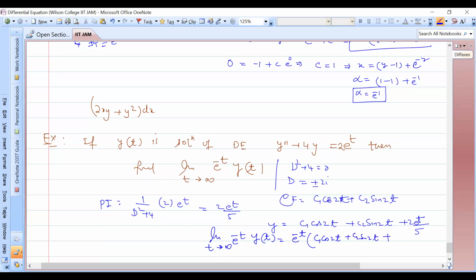Do one thing, I will close this bracket and write here 2 by 5 separately. Correct? So it is 2 by 5. Yes, sir. And what about other people? No one is answering. Yes, sir, 2 by 5.